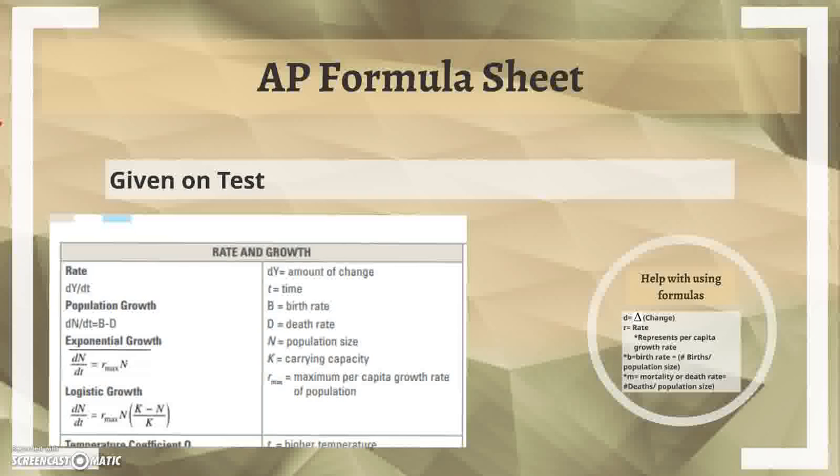This is going to be our population growth rate. That's what we're going to look at. Okay, equals R max times N.